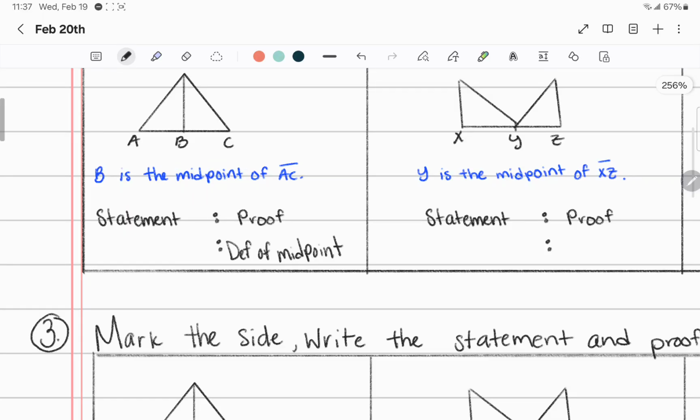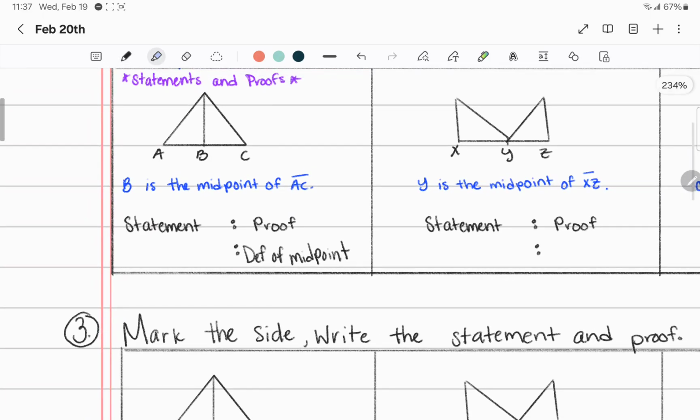And then you want to mark your statement. So it says that B is the midpoint. What that does is create this side equal to this side.